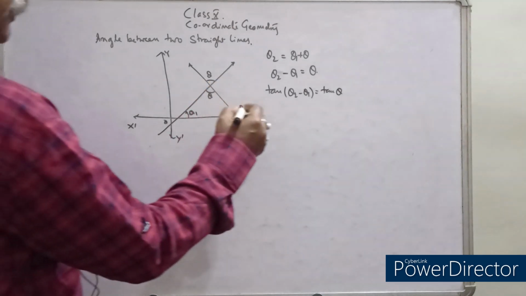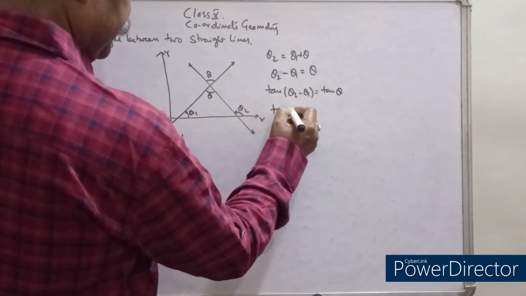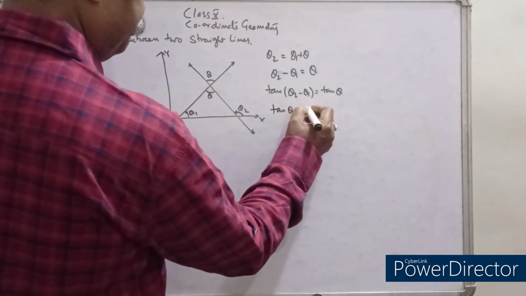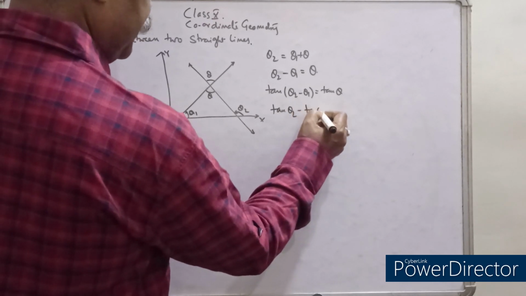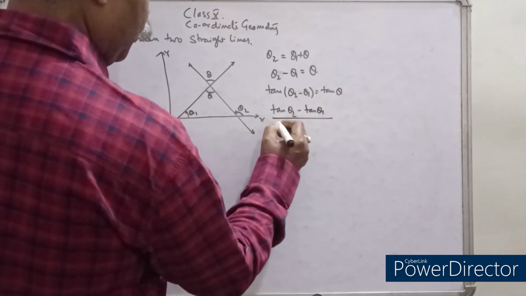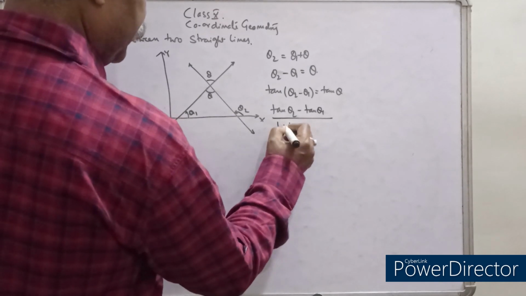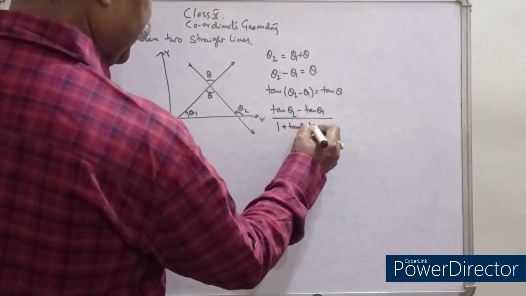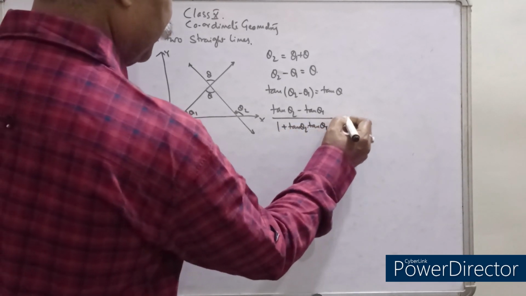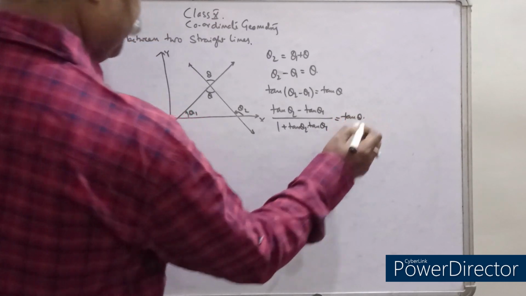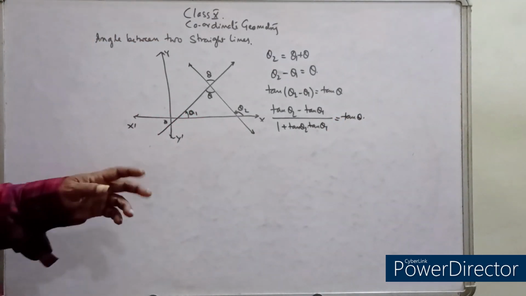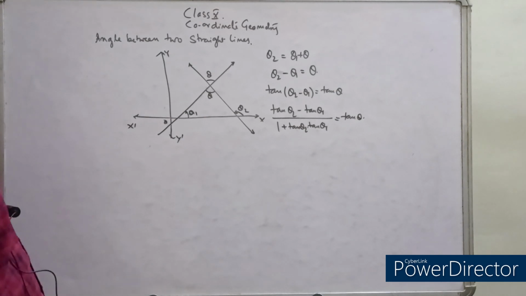So by the tan (A minus B) formula, this will be tan theta 2 minus tan theta 1, divided by 1 plus tan theta 2 into tan theta 1, is equal to tan theta. We know that tan theta is called the slope.